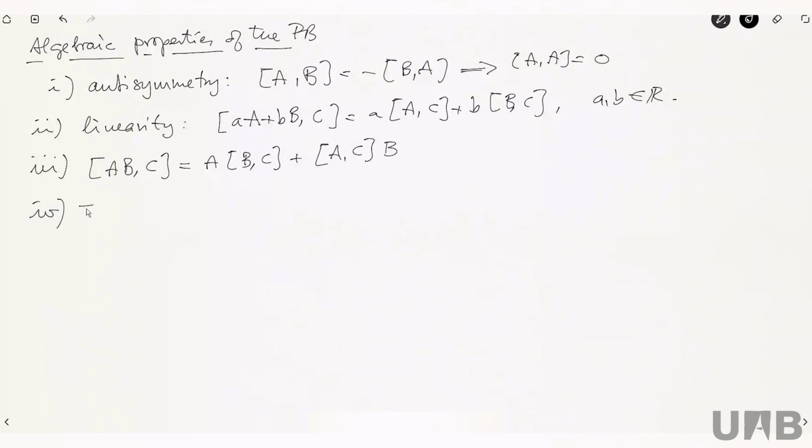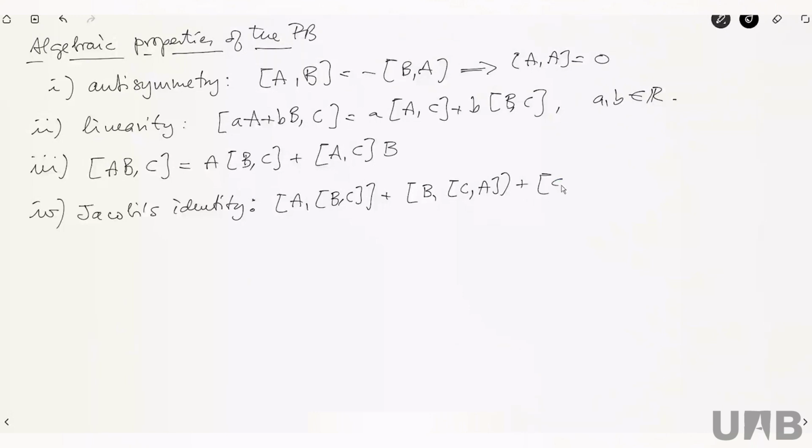And the last one is what is called Jacobi's identity. Jacobi's identity says that if you take the Poisson bracket of A with the Poisson bracket of B and C, plus cyclic permutations, this thing vanishes. The cyclic permutations mean you push B to the left, then C gets pushed to the left one step, and A goes all the way to the other side.